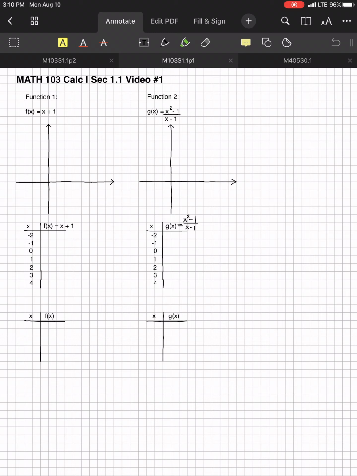I'm your professor, Danny Klein, and what I'm going to be going over today is an introduction to the concept of the limit.